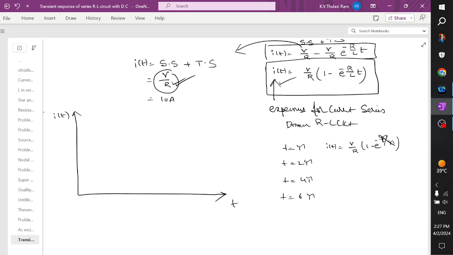So tau will cancel, so 1 minus e to the power minus 1, which is approximately 0.632 I. This you can also write as V by R into 1 minus e to the power minus t by tau, where tau is called the time constant, L by R, where L is the inductance and R is the resistance. So this is how we can express it.